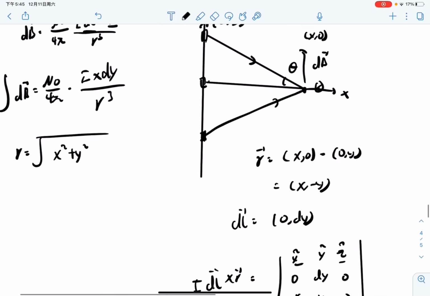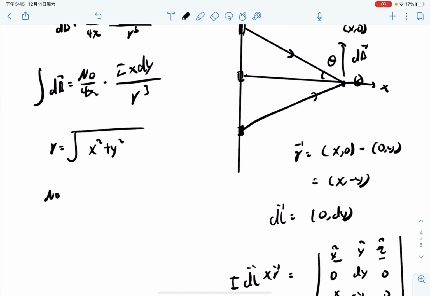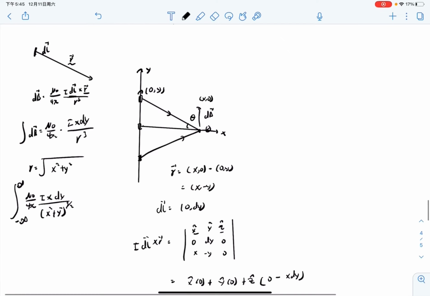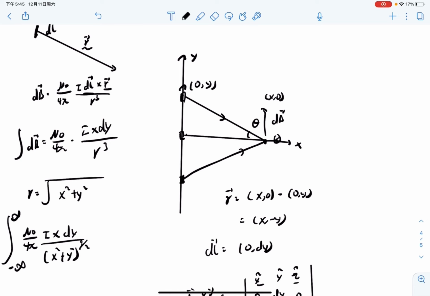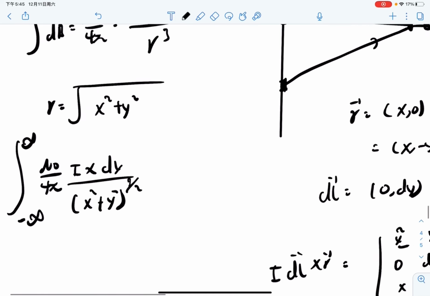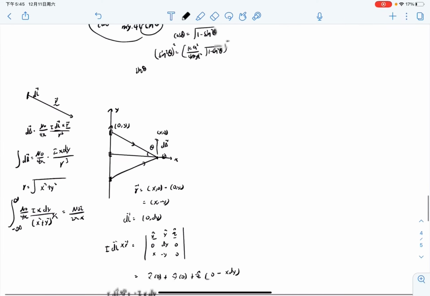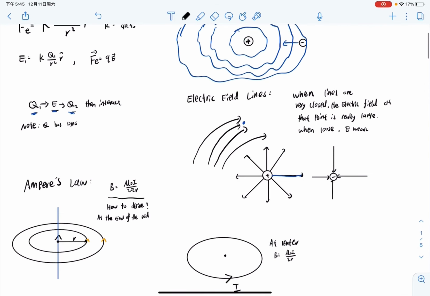And now this integral becomes mu over 4 pi I x dy over x squared plus y squared to the power of 3 over 2, and integrate from negative infinity to positive infinity, because we treat the wire as very, very long. And from this, the integral is just going to be equal to mu I divided by 2 pi x. And that is the result, which is consistent with the equation discussed above.